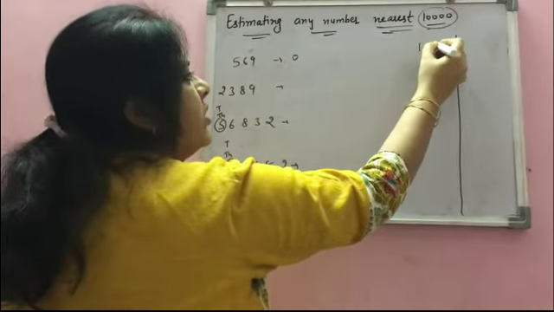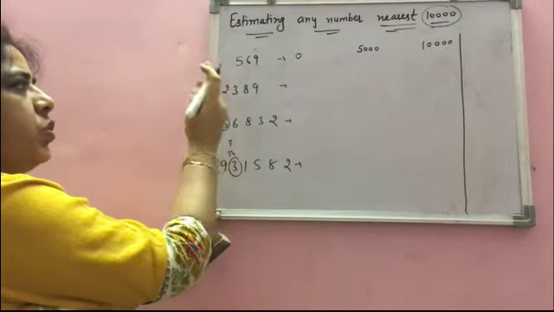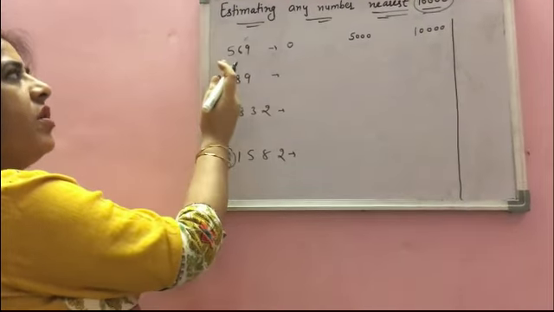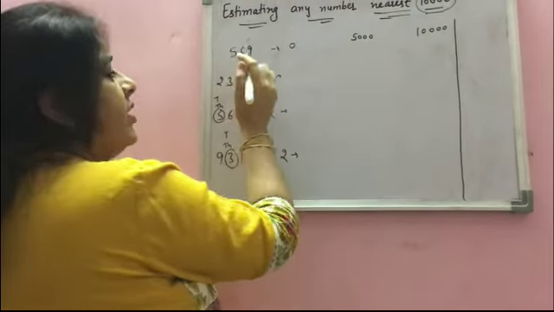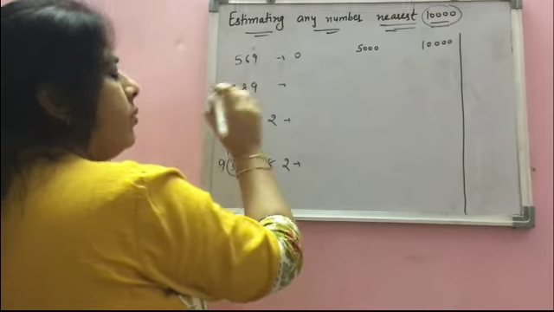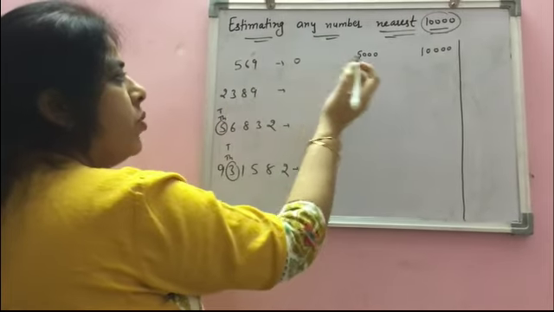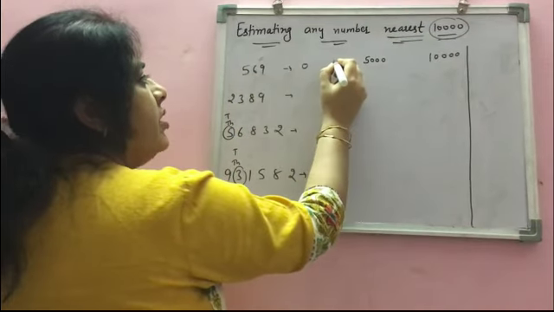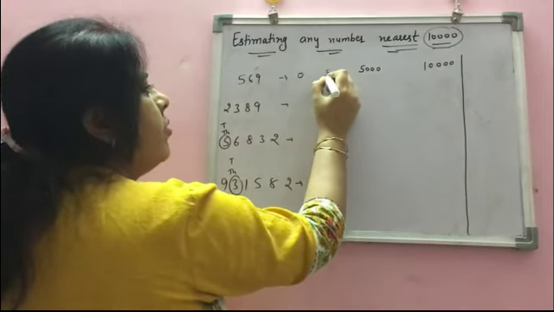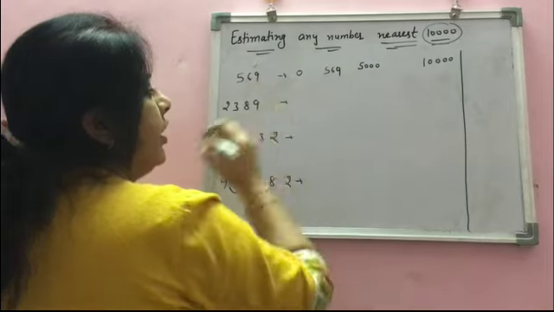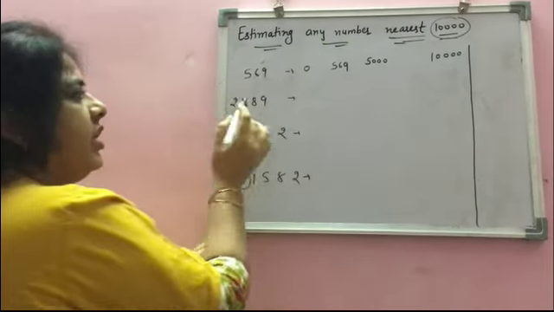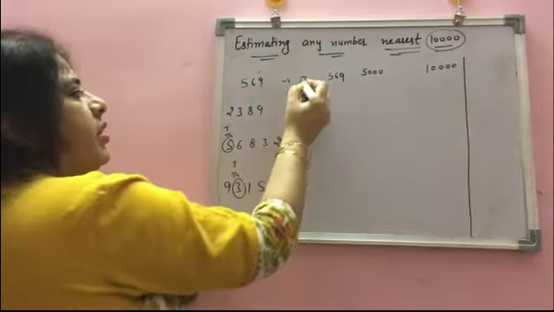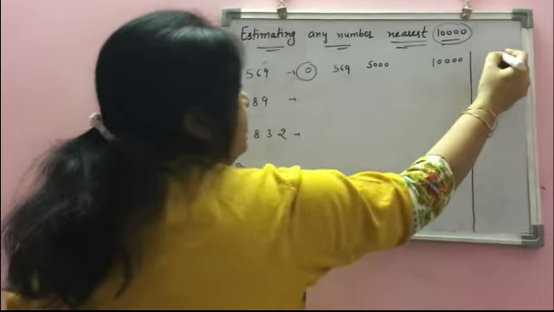And what is the halfway? 5,000. A 4 digit number may be more than 5,000, but up to 3 digit numbers are always less than 5,000. It means when we are estimating up to a 3 digit number, it always goes with 0.